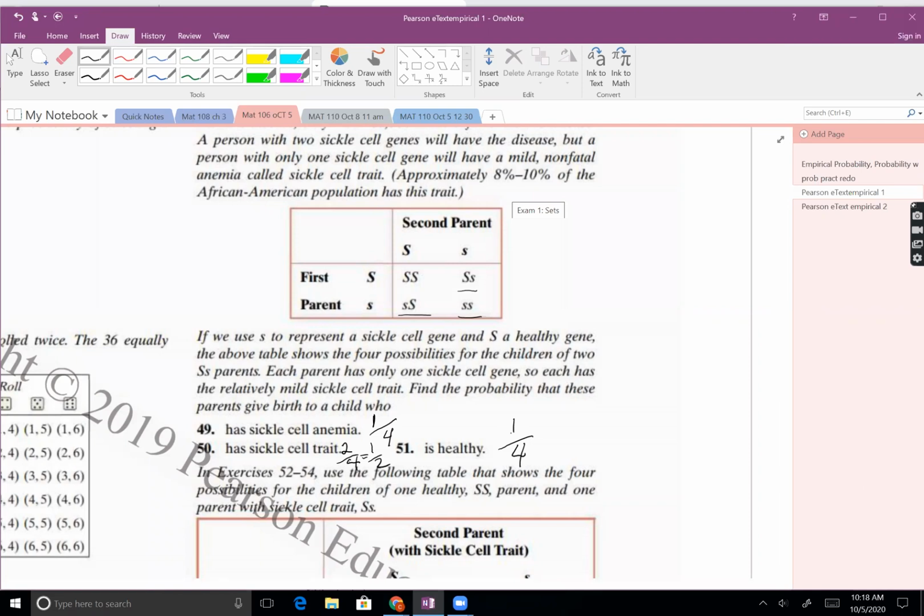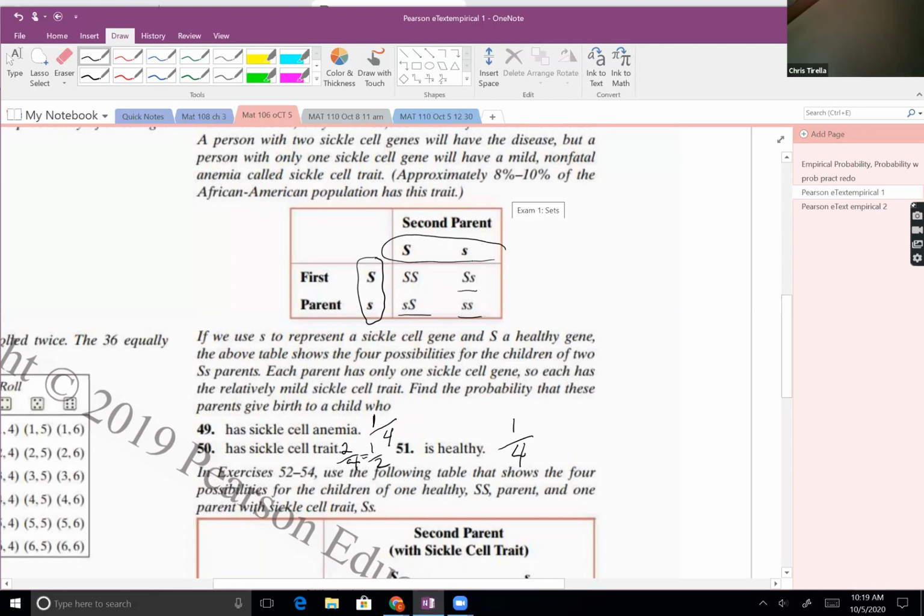I have a question. Sure. Has the sickle cell trait, what about that has both parents having the sickle cell trait? Why is that not included in number 50? Oh, in this example, both parents have the sickle cell trait. The first parent has one of each. The second parent has one of each.